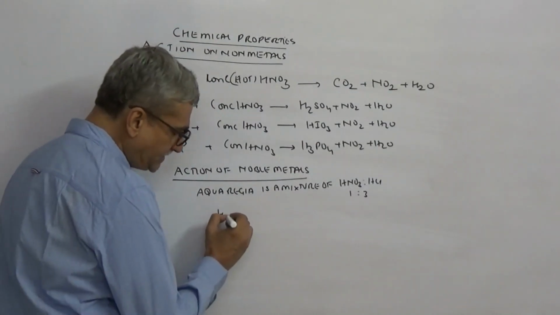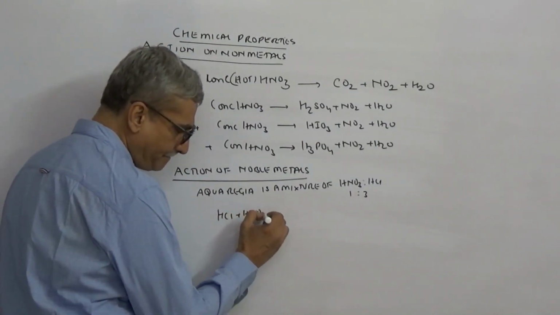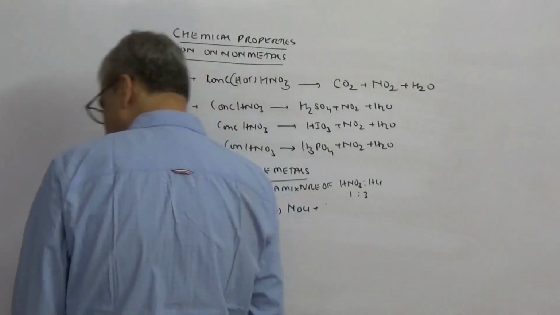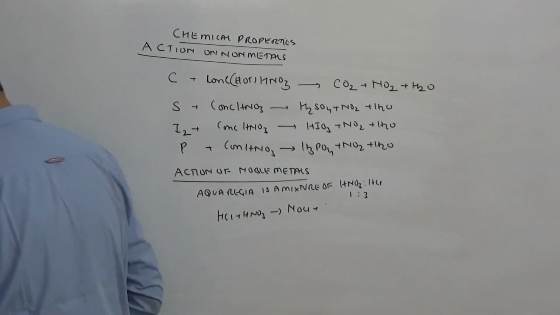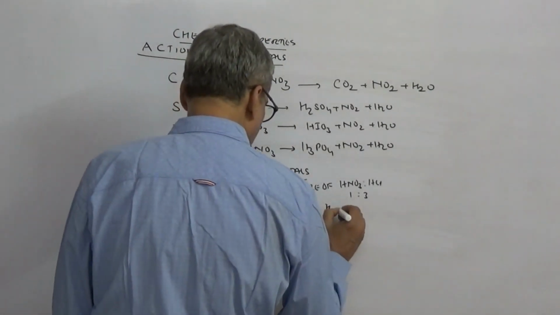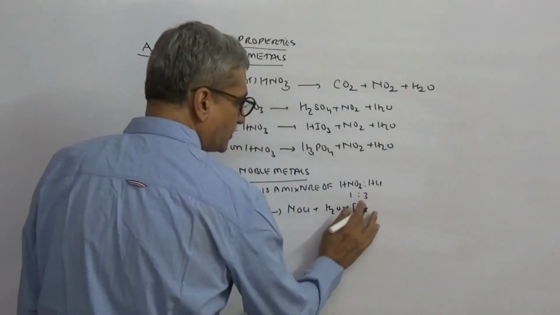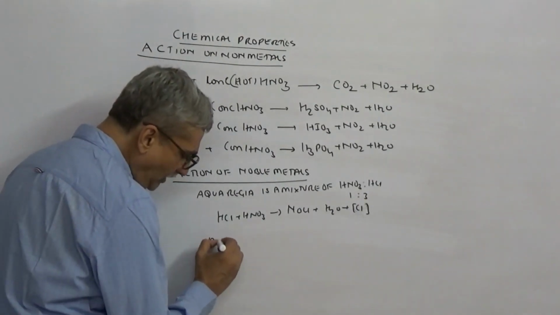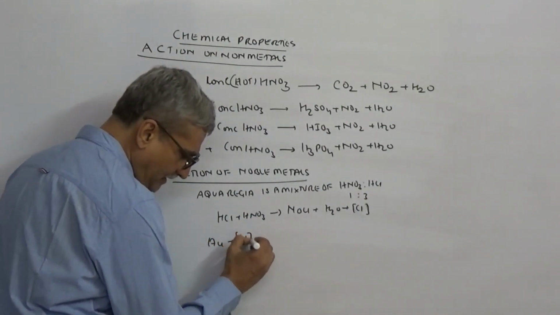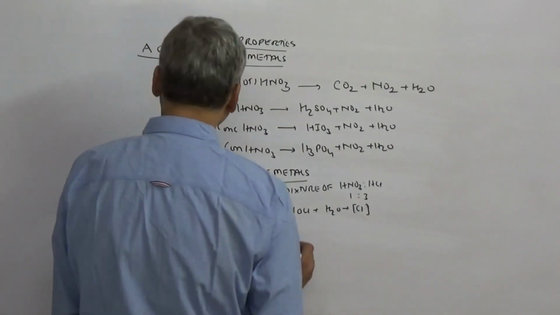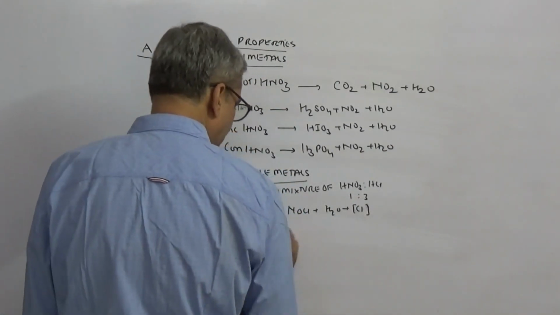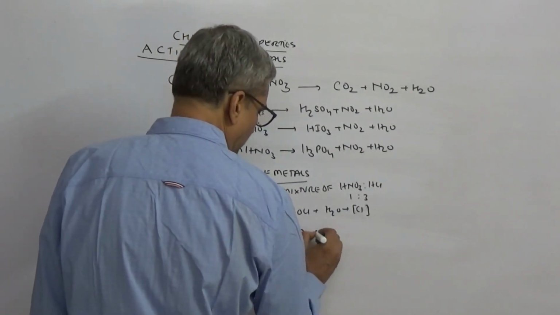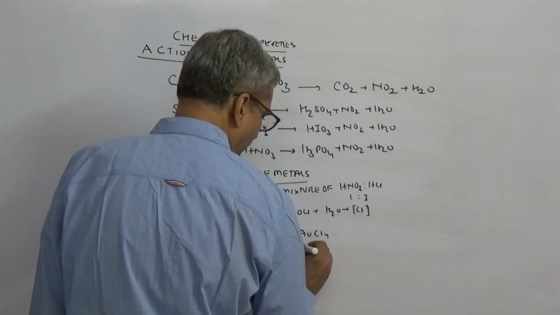So what happens is HCl plus HNO3 forms NOCl plus H2O plus chlorine. So gold reacts with this reactive nascent chlorine, and of course in presence of HCl, you get HAuCl4, that is auric chloride.